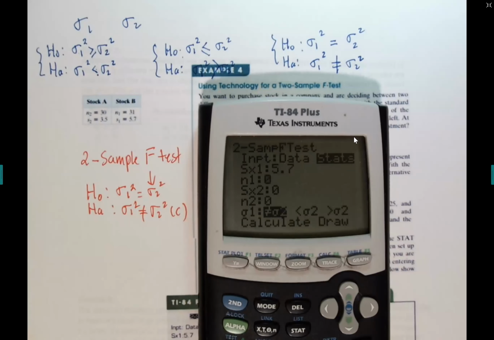N1, as you can see, it's 31. S2 is 3.5. And N2 is 30. And can a student tell me which sign do I select here, first, second, or third?